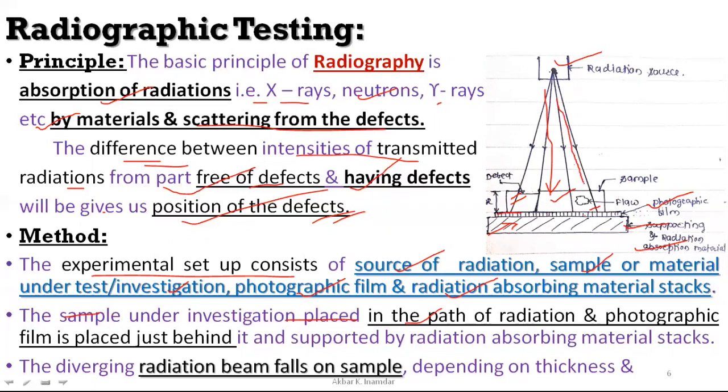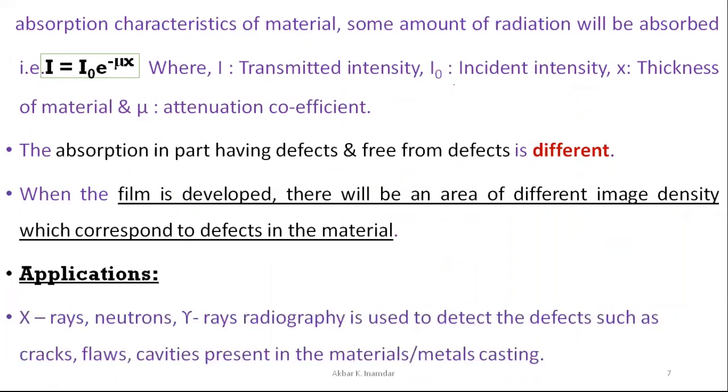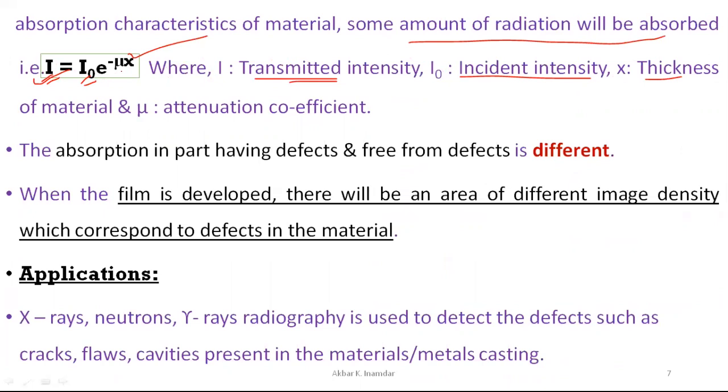When this diverging beam is incident on the material under test, depending upon the thickness and property of the material, some amount of radiation is absorbed by the material, and the transmitted radiation is given by the formula I equals I naught e raised to minus mu x, where I is the transmitted intensity, I naught is the incident intensity on the sample, x is the thickness, and mu is the attenuation coefficient.